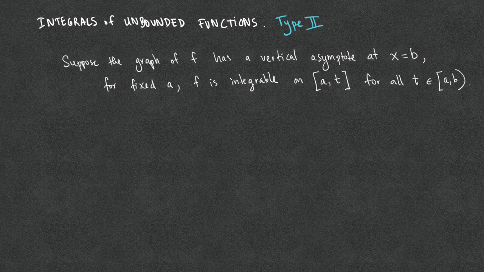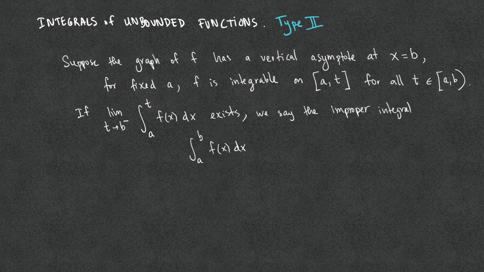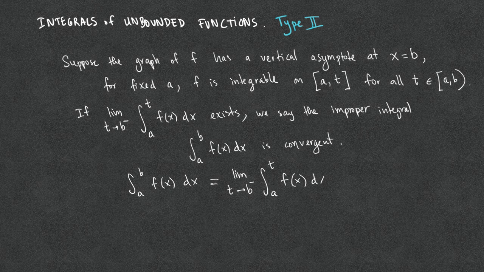If the limit as t goes to b from the left-hand side of the integral from a to t of f(x) dx exists, we say that the improper integral from a to b of f(x) dx is convergent, and we define the integral from a to b of f(x) dx as the limit as t approaches b from the left-hand side of the integral from a to t of f(x) dx.